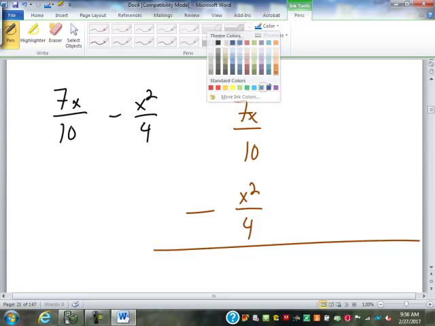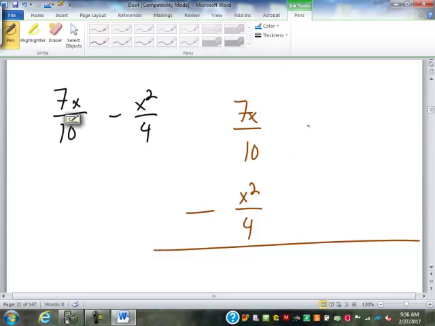So we've got denominators of 10 and 4. What's our common denominator going to be? 20. So 10 times 2 made 20. 7x times 2 is 14x. Down here, 4 times what makes 20? 5. So x squared times 5 is 5x squared.